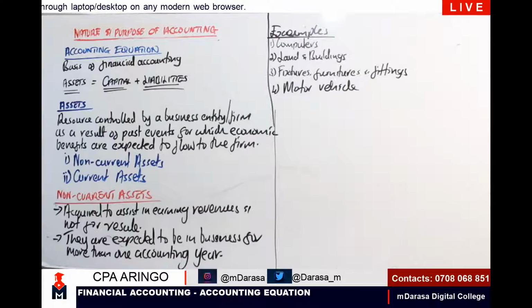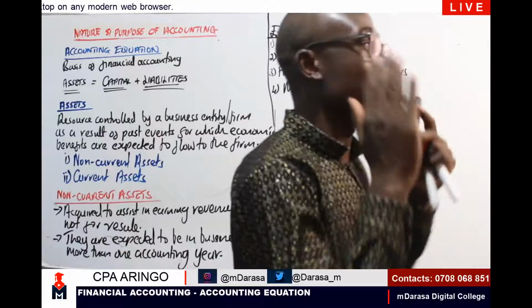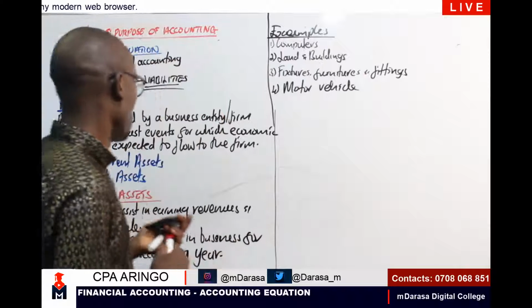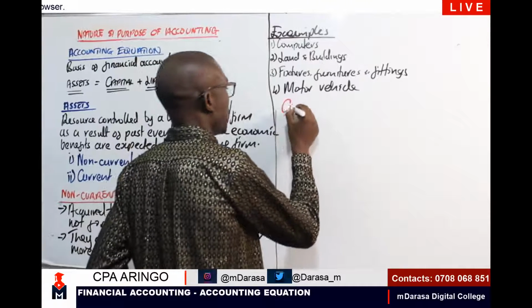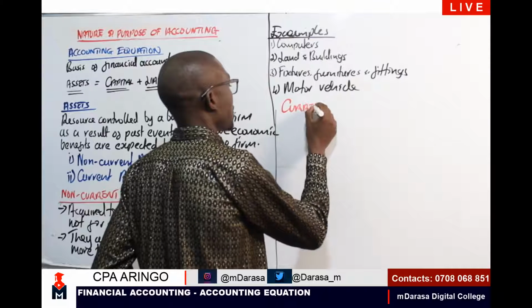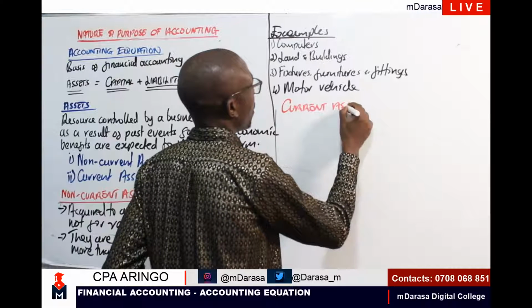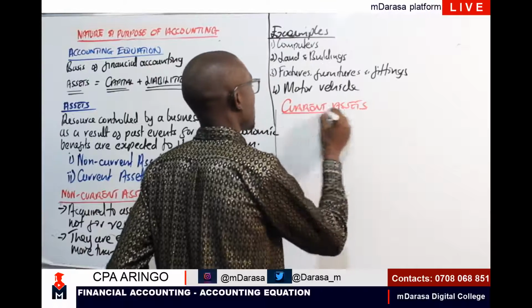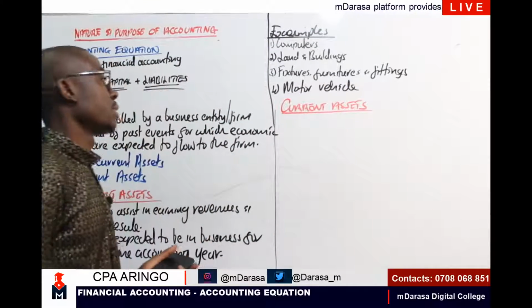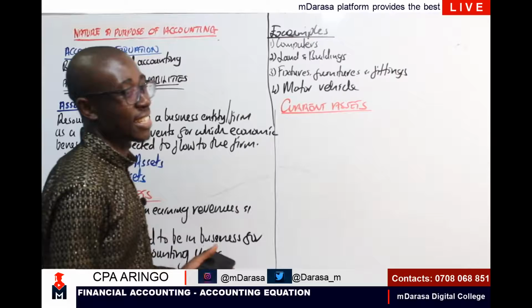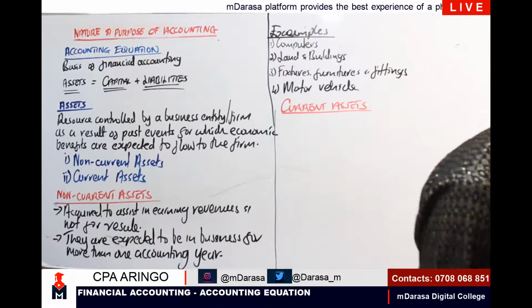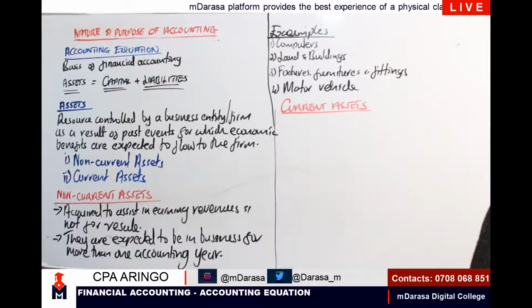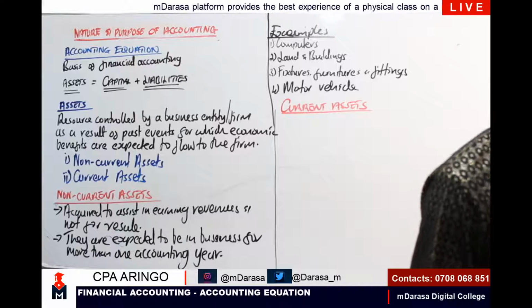Let us proceed to the second type of assets, because recall that under classification we are talking of two. So let us proceed to current assets. When we are talking of current assets, my good students, basically they are not expected to last for more than 1 year.